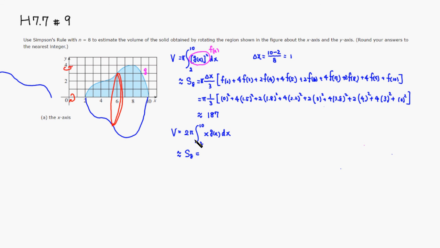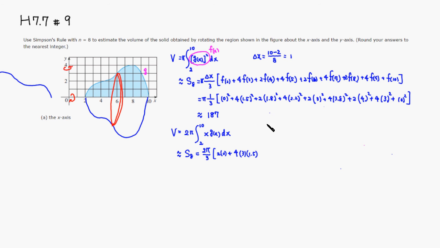So we have 2 pi, and delta x is still 1 over 3, so that's part of Simpson's rule. Then the first one is 2 times 0, plus 4 times 3 times the height, which is 1.5.